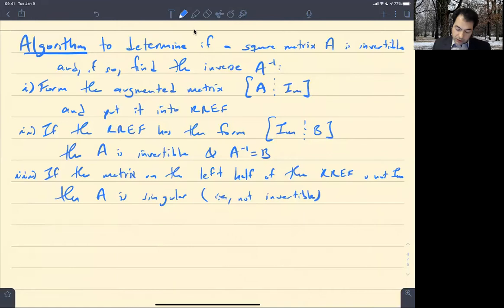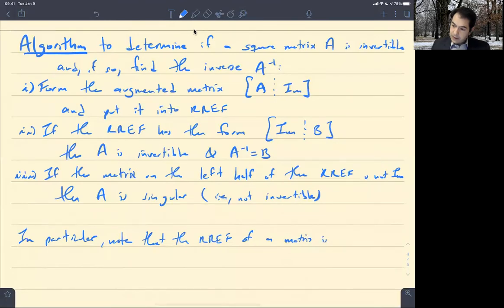Okay, but notice this is a really nice observation from this algorithm. Notice that the reduced row echelon form of a matrix is the identity if and only if that matrix is invertible.